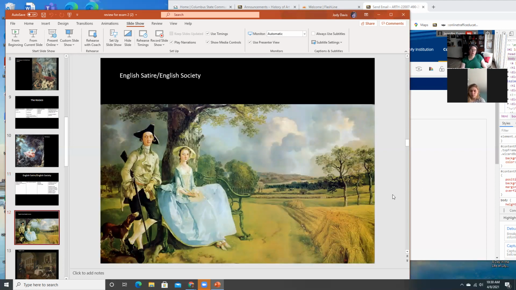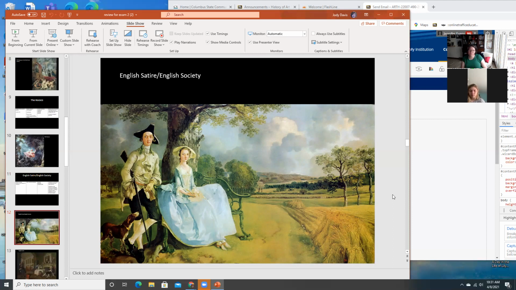Okay, this is William Hogarth's Mr. Oh, I'm sorry. This is Gainsborough. I get too many words running around in my head. This is Thomas Gainsborough's Mr. and Mrs. Andrews. It was done in the early 1800s. You can see Mr. Andrews standing next to Mrs. Andrews.